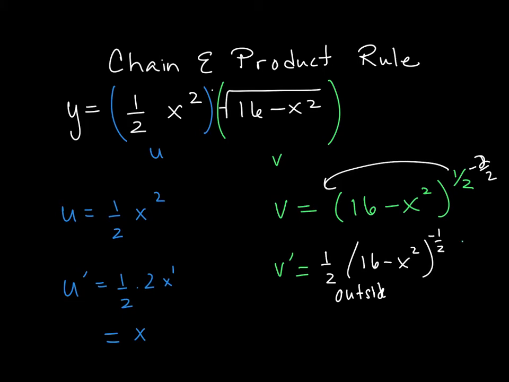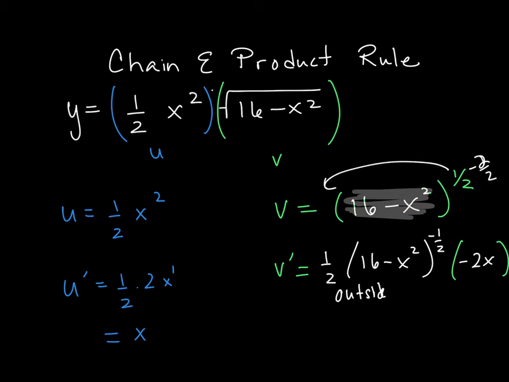Now, I have to multiply this times the derivative of the inside part of my function. The derivative of the inside part of that function is just minus 2x. Again, the 16 goes to 0, the negative is there, the 2 comes in front.